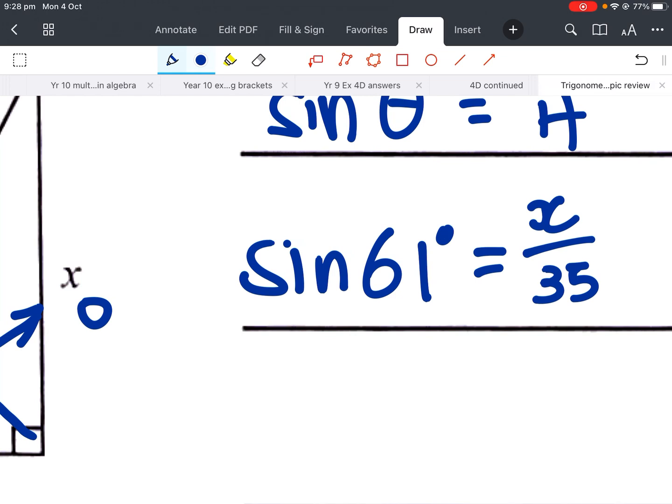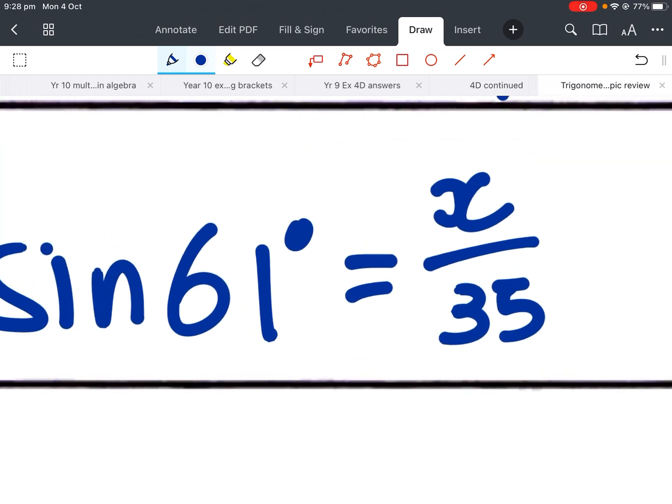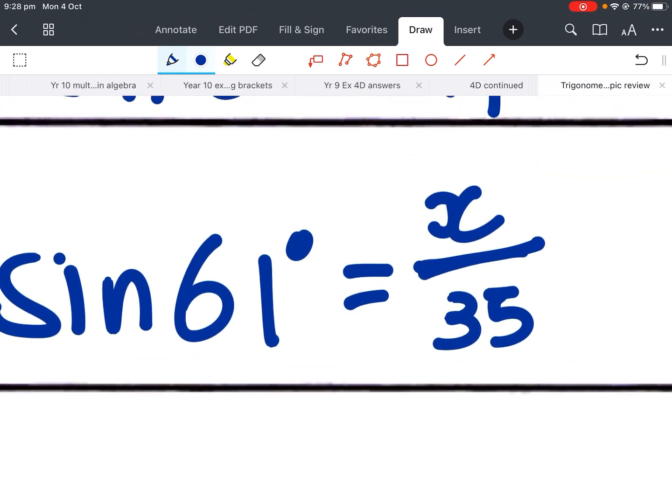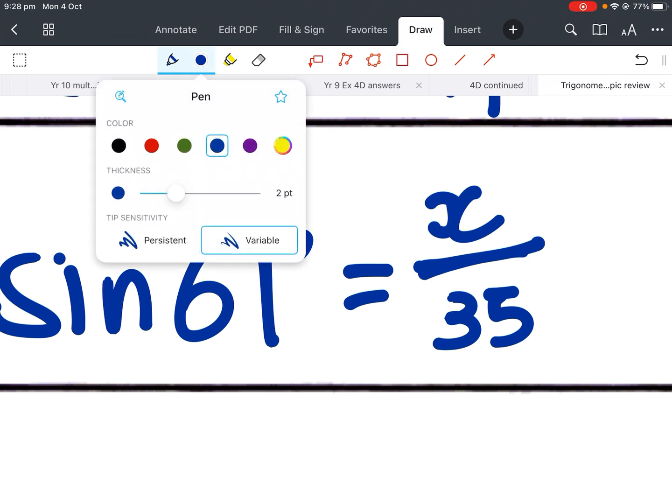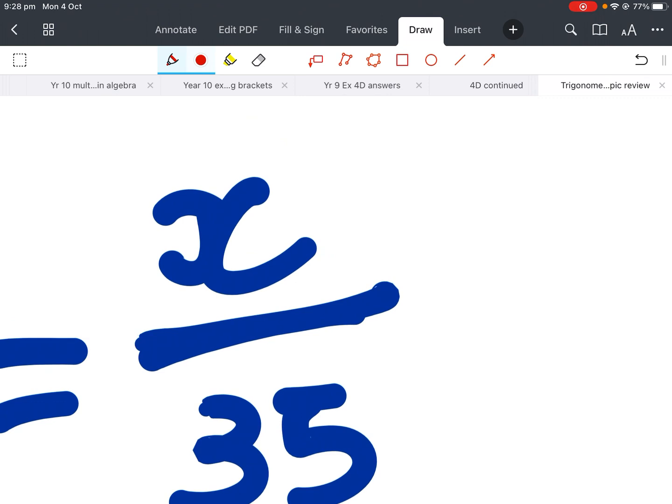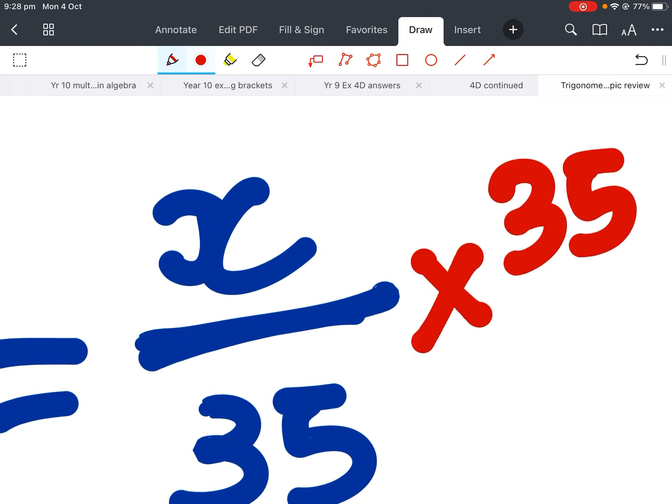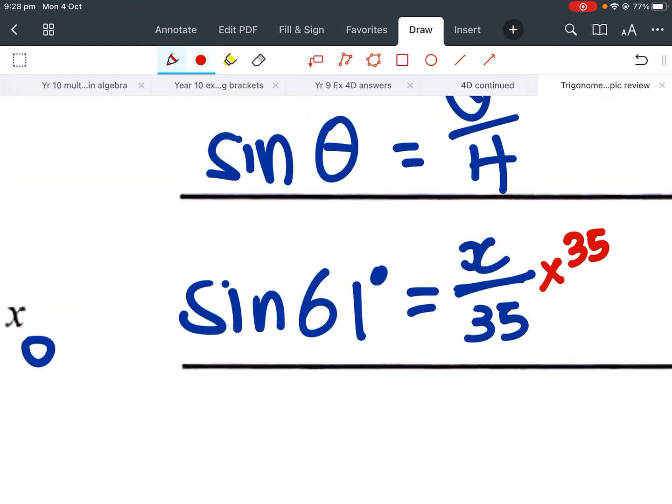So I have to isolate or get X on its own. So I need to get rid of divided by 35. What's the opposite of dividing by 35? You say times, miss. So I must times this side by 35. What I do to one side, I must do to the other. Remember that. And if I've got a 35 on the top of a fraction and a 35 on the bottom like that, they actually cancel.